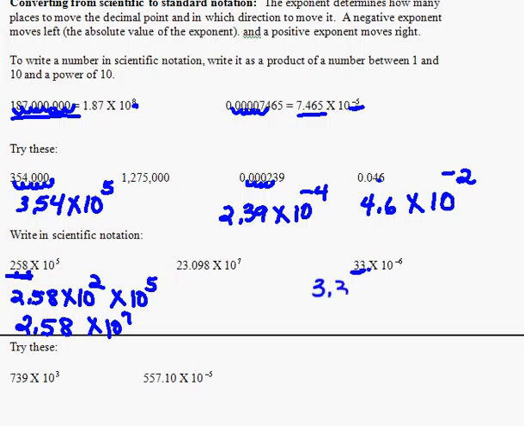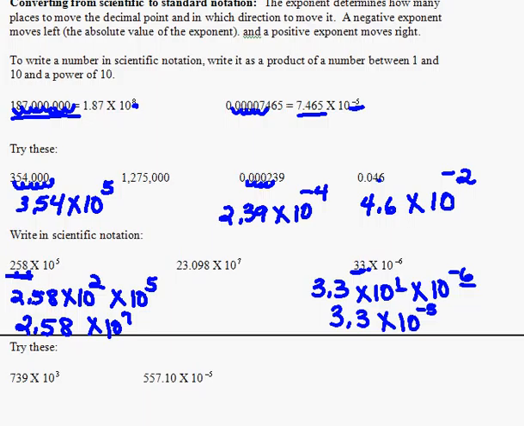So that gives me 3.3 times 10 to the first power, because I moved it one place, times 10 to the negative 6th power. So now that gives me 3.3 times 10 to the negative 5th power. How did I get negative 5? I added 1 to negative 6. 1 plus negative 6 gives me negative 5.